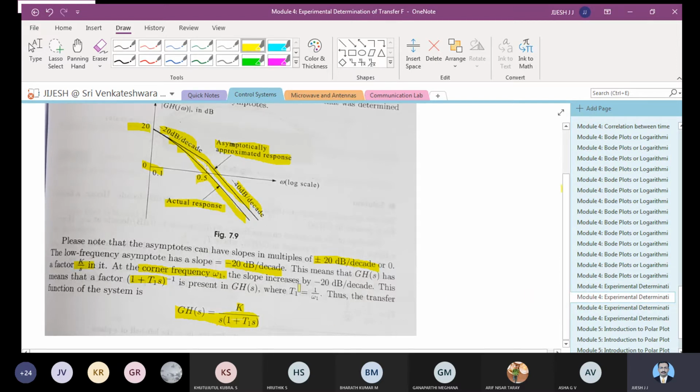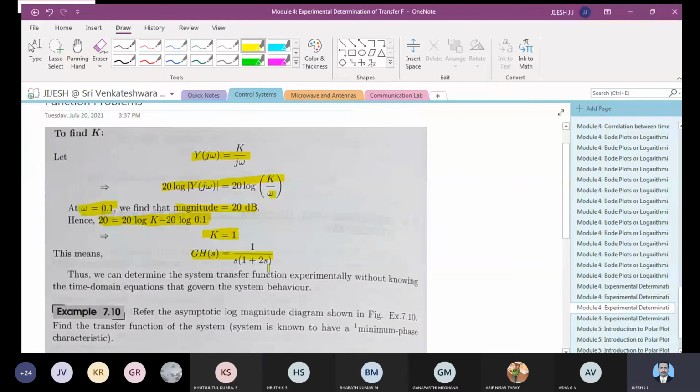What is T1? T1 is 1 divided by omega 1. What is omega 1? Omega 1 is 0.5. 1 divided by 0.5, you will get 2. So the T value is 2, and the k value is 1. Substitute it, and you get the transfer function, that is 1 divided by s into (1 plus 2s).